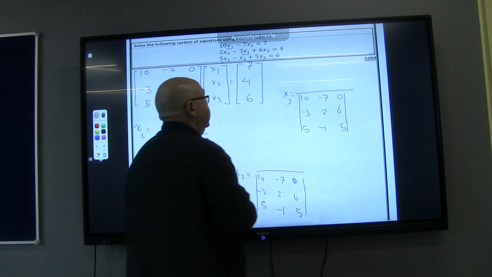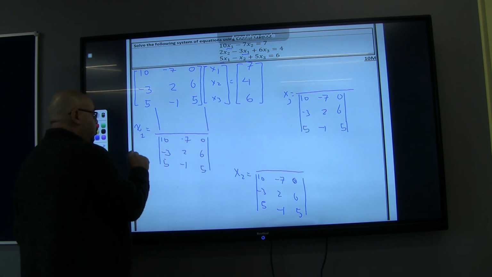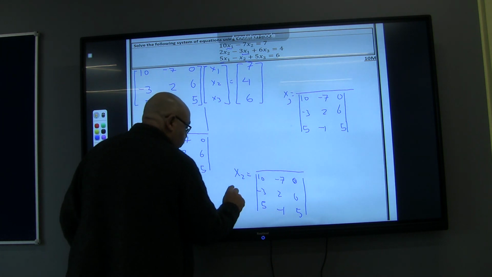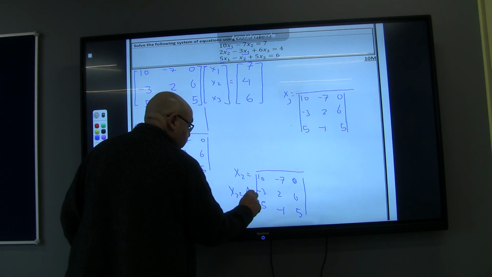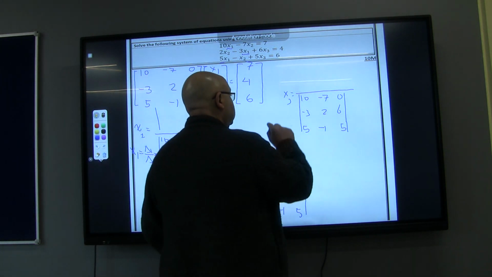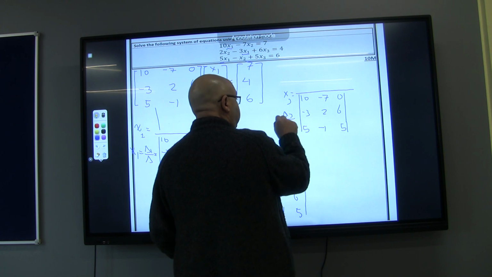For the denominator, since we already know that x1 equals delta 1 over delta, the determinant of the coefficient matrix, and similarly x2 is delta 2 divided by delta, and x3 is delta 3 divided by delta.